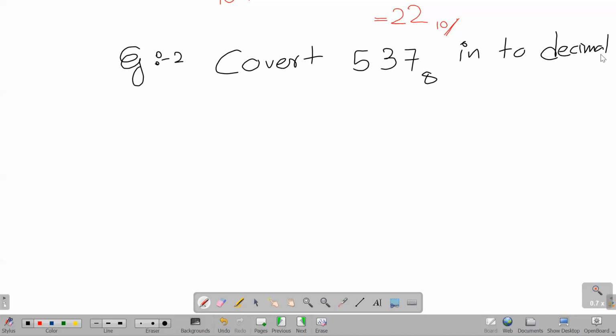Good. Right, so here, as we discussed, 537, we are taking the place value as 8 to the power 0, 8 to the power 1, and 8 to the power 2.